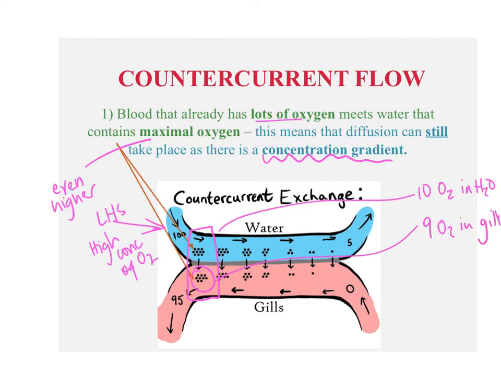And therefore, using our knowledge from last module, we can say that there is a concentration gradient. If we were to draw it, we've got 10 oxygens down to 9 oxygens. There's a concentration gradient. We can get that flow of oxygen. Diffusion will happen here, even at the time that the gills have got loads and loads of oxygen in them.